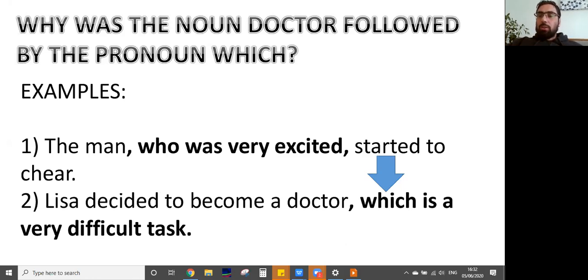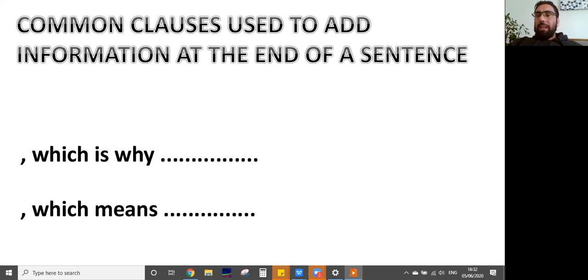comment on a clause. Now, in academic writing, we have two phrases that are very, very common that we use to add extra information, to explain things and to give reasons. So you'll see this very commonly used in academic writing: comma, which is why; comma, which means.